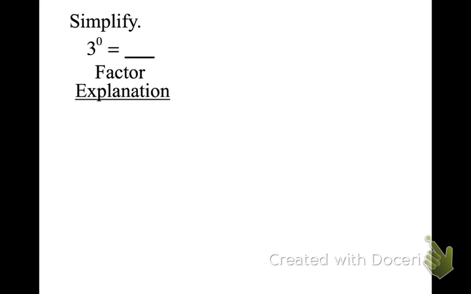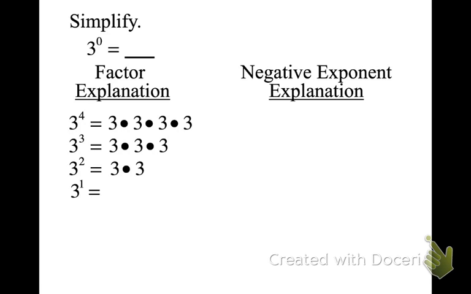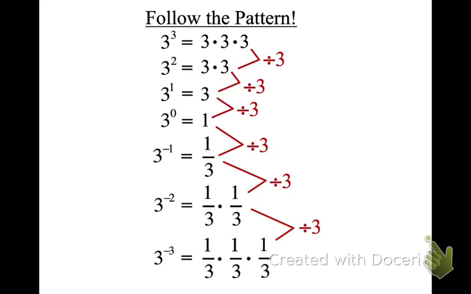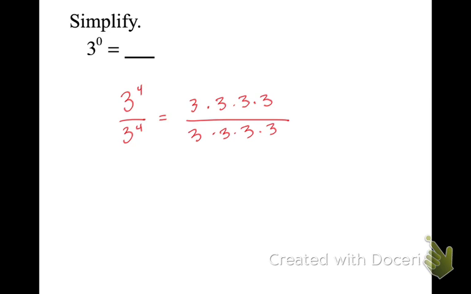Okay, so 3 to the 0. Let's go about 3 to the 0, okay? Let's say we have 3 to the 4th power over 3 to the 4th power. What that means is 3 times 3 times 3 times 3, and this is 3 times 3 times 3 times 3.